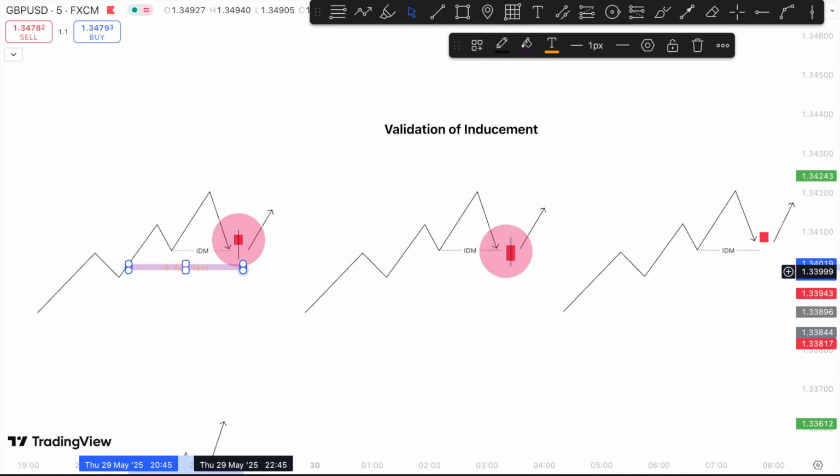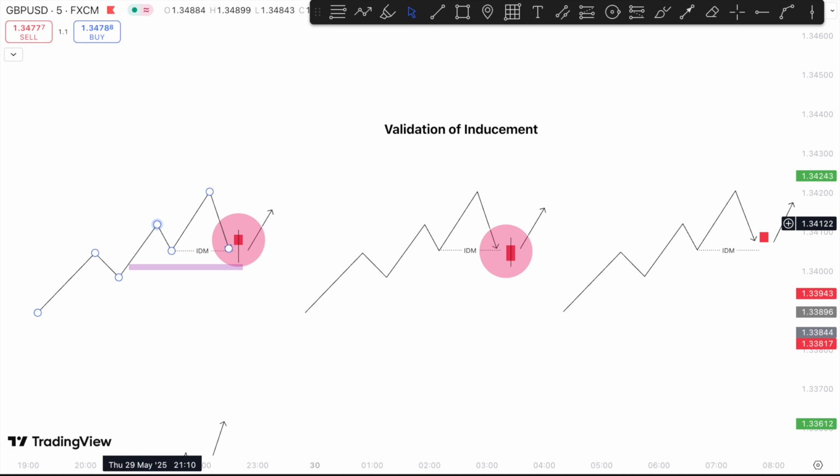Then we would be sure that the price is going to tap the order block and give us a reaction. It does not matter if the inducement has been taken out with a wick or the body has closed below and the price moved up after taking the inducement. It does not matter, that will be a valid inducement.